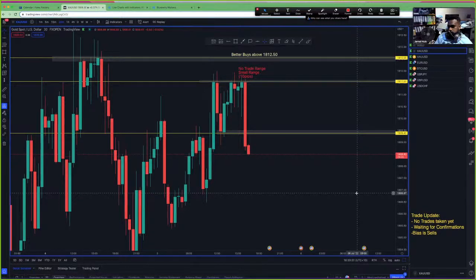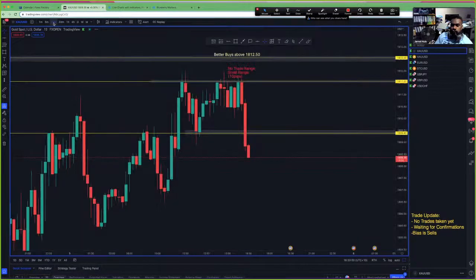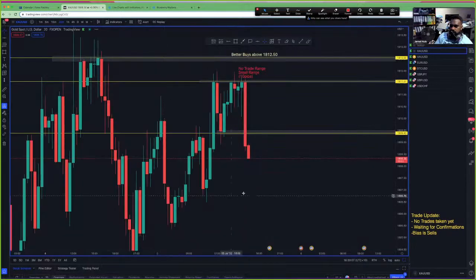Oh man, hesitated a little bit there. Could have entered over here, but the stops are going to be very big. Let's see if we can have stops on the 15-minute time frame. I don't know. I really don't know.